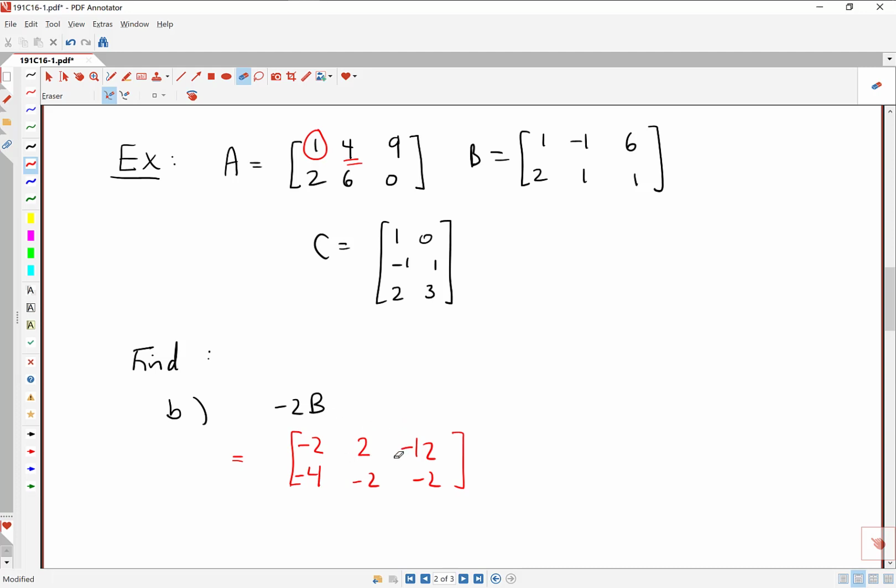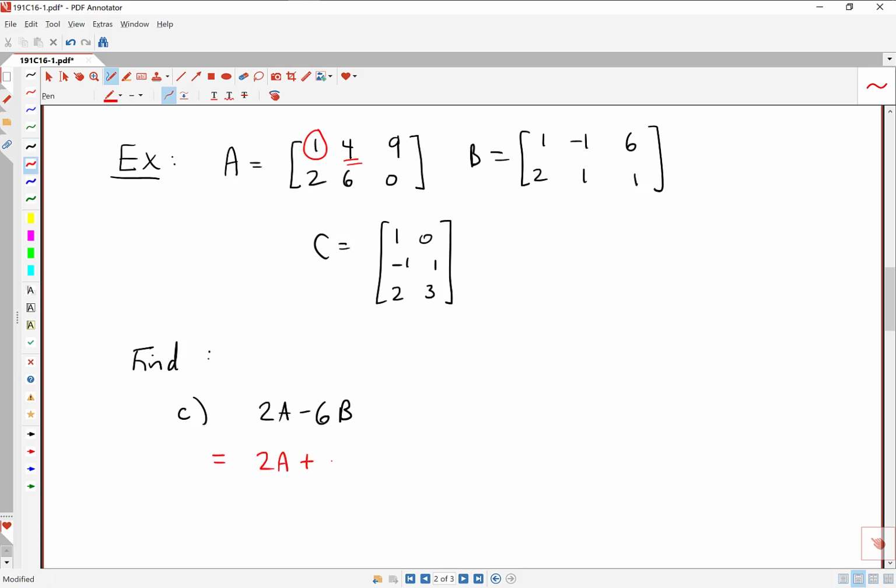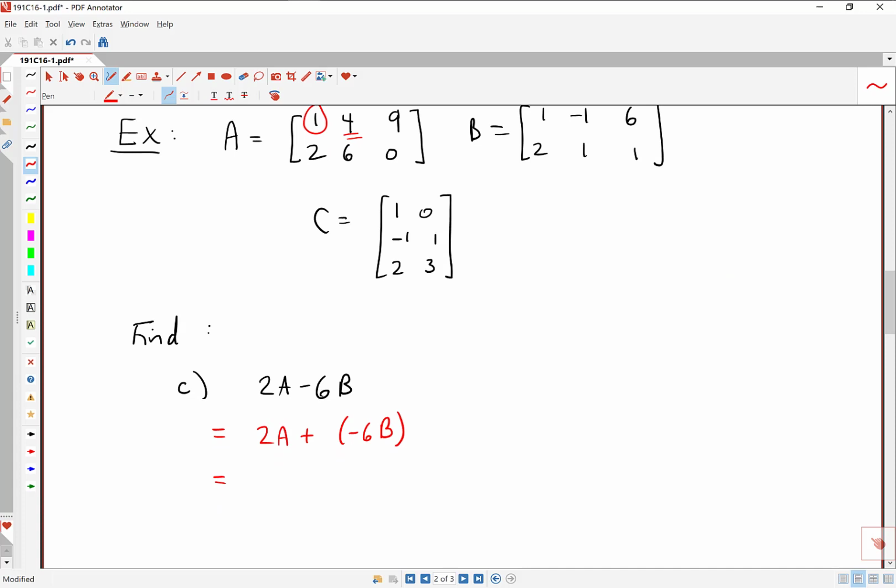So that looks good. So for part C, let's try something a little more interesting. We're going to do 2A minus 6B. So think of this as meaning 2A plus -6B. And let's do this multiplication first. This is called scalar multiplication, when we take a matrix and we just multiply it by a number. So let's multiply everything in A by 2.